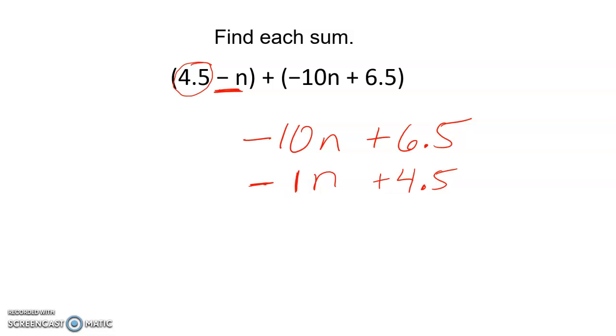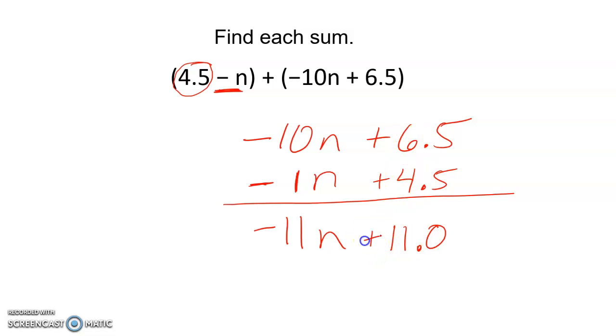So you do have to group them so that they are matched up with their like terms. Once you've done that, then it's easy. Negative 10, negative 1, that's negative 11n. And then this one we add, that's going to be 0.11. So negative 11n plus 11.